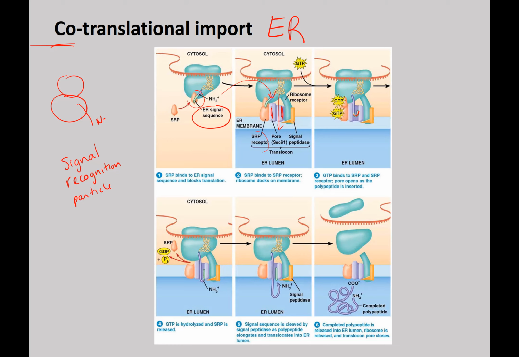So you can see here's the signal peptide. And now translation continues. And you can see as this purple protein is growing, it's being fed right into the ER lumen. So that's co-translational import. It's being imported while translation is happening. Here is a co-translational modification. Signal peptidase cleaves off the ER signal.